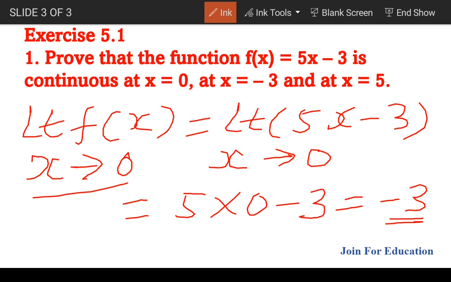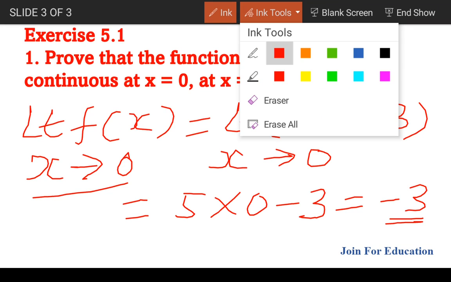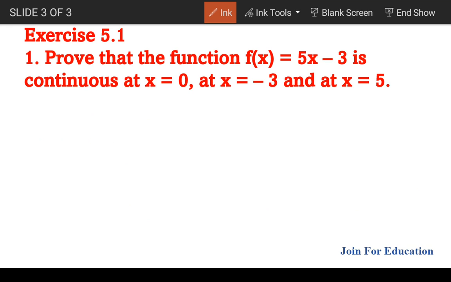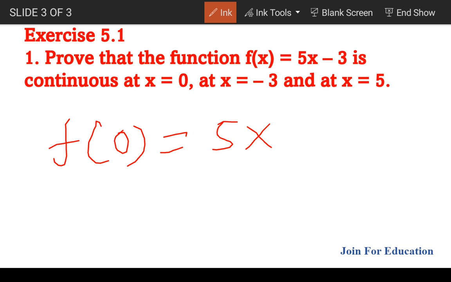Now we find out f(0). For this we write down here 5 into 0 minus 3, instead of x we write 0. It is very easy. Then we write down minus 3.